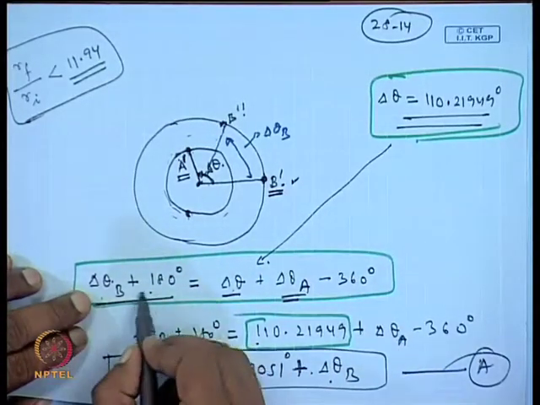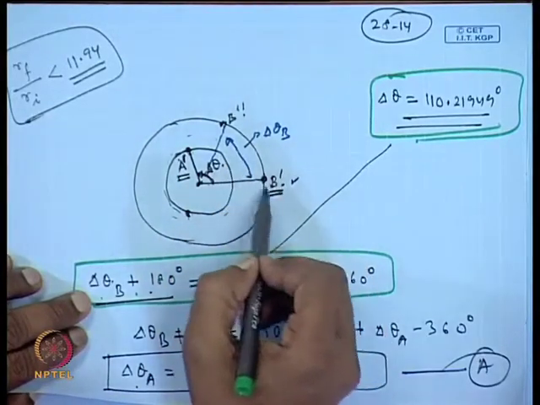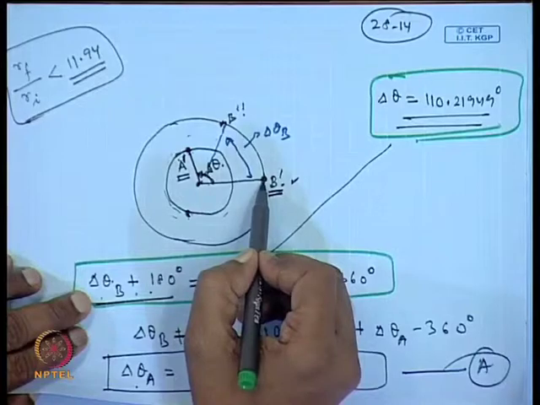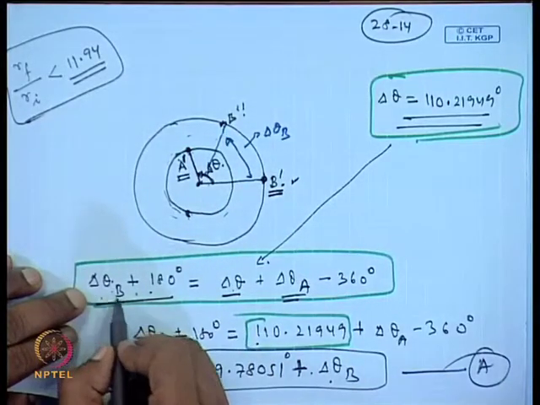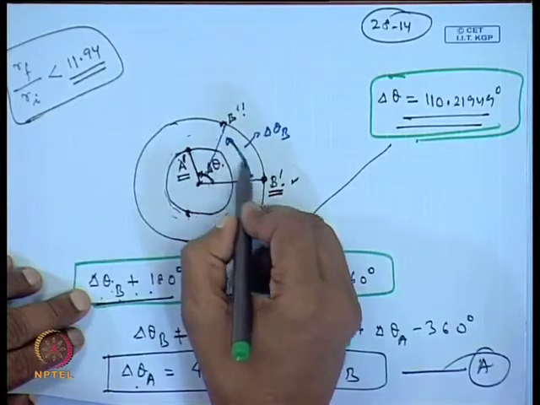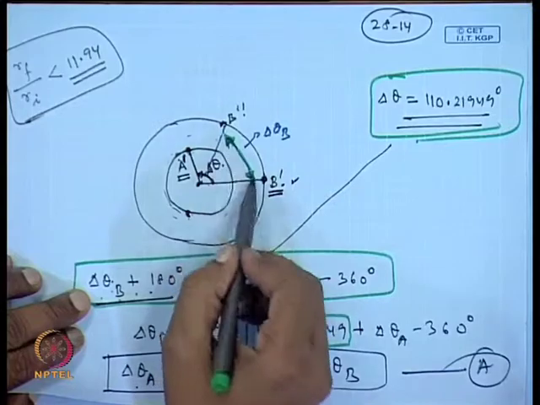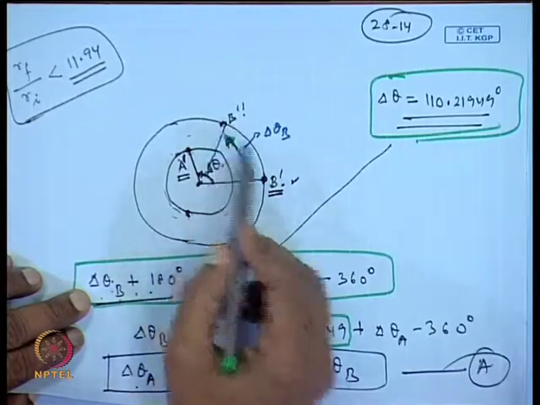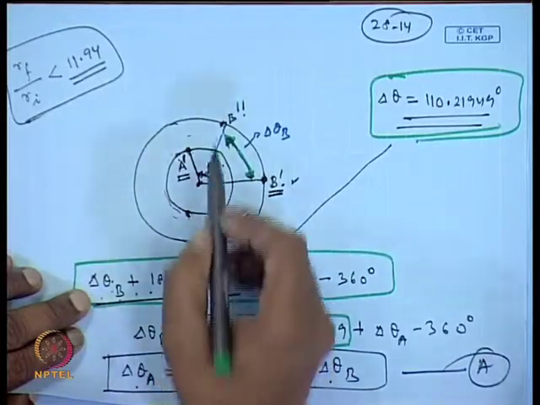Delta theta B is the angle moved by asteroid B before the satellite can be launched. This is the angle before the satellite can be launched from asteroid B.